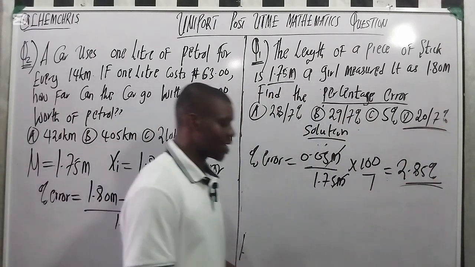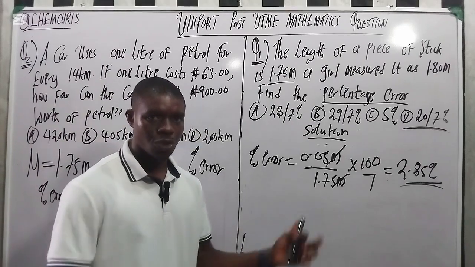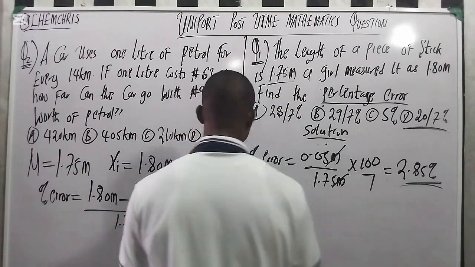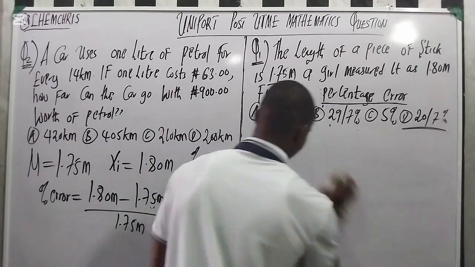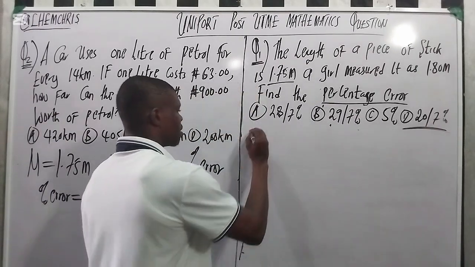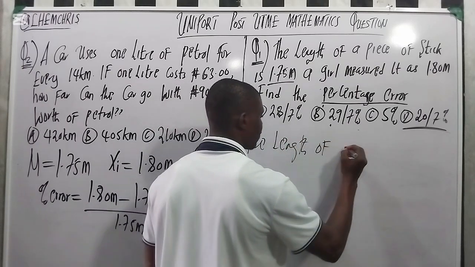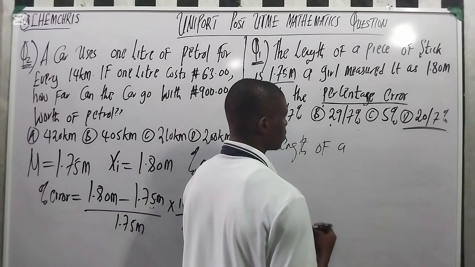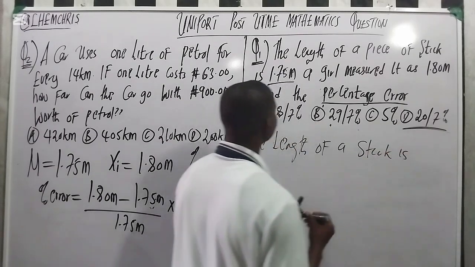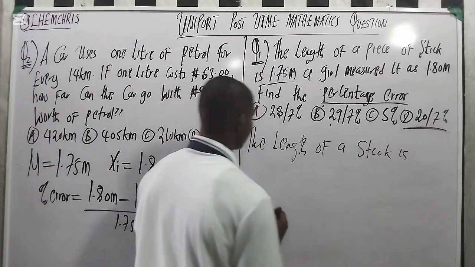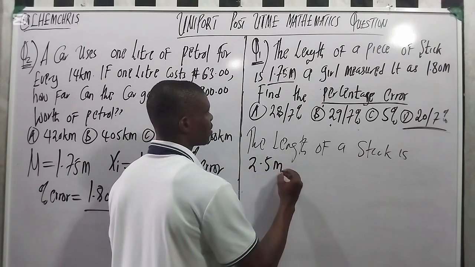Let us say we change the value. Let us say the length of a stick is 2.5 meters.